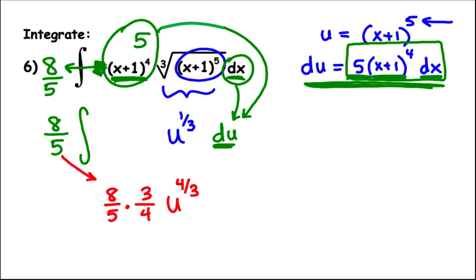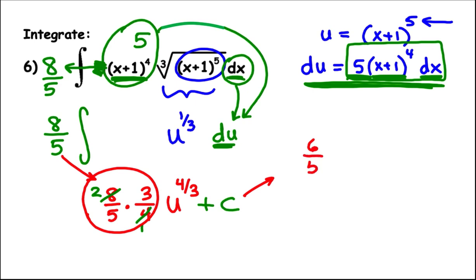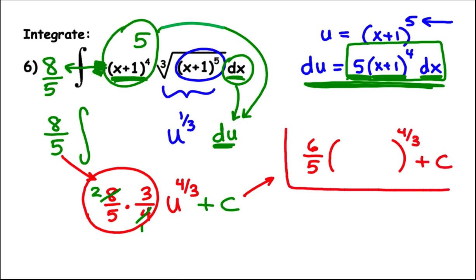Being the kind-hearted teacher that I am, I make some canceling just to make you guys feel better about this. Don't forget your plus c at the end. And the answer, once I clean this up, is going to be 6/5 u to the 4/3 plus c. That is the final answer.